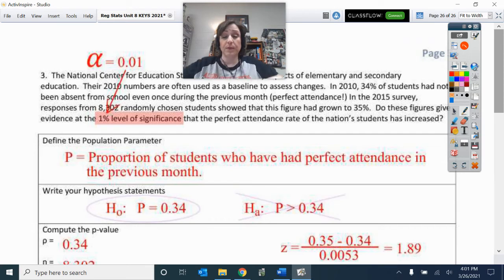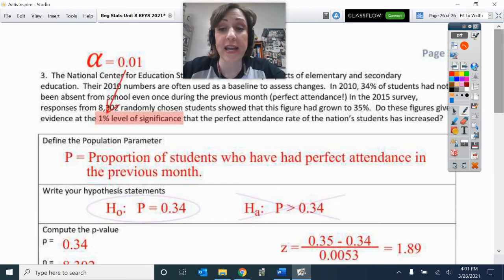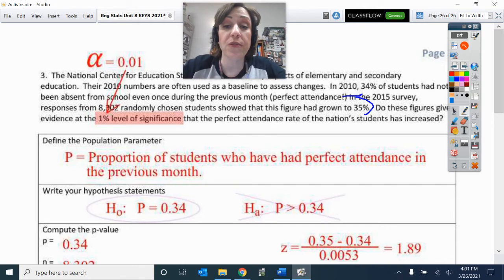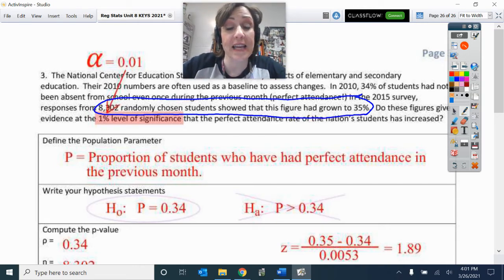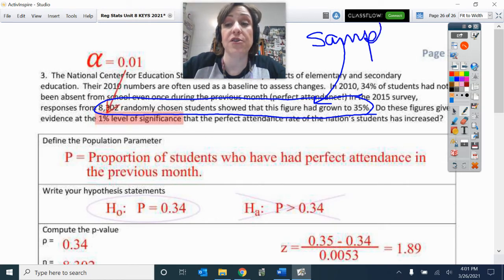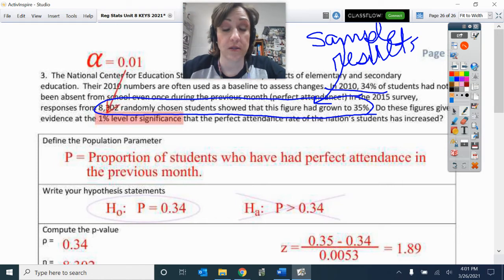So that was great. In the 2015 survey, the responses from 8,302 randomly chosen students showed that number had grown to 35%. So this is telling me the sample results, which I'm going to compare to what was happening in the 2010 statement.